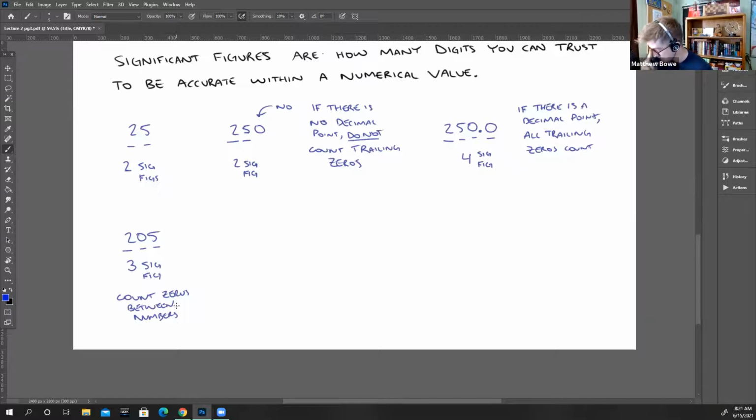And the last example: we have some large things, but what if we have something that's very small? What if we have 0.00250?